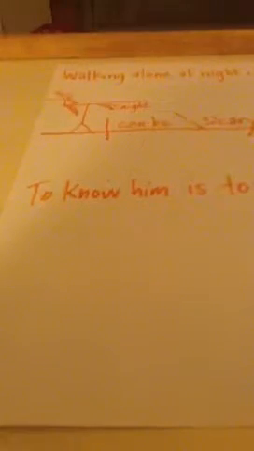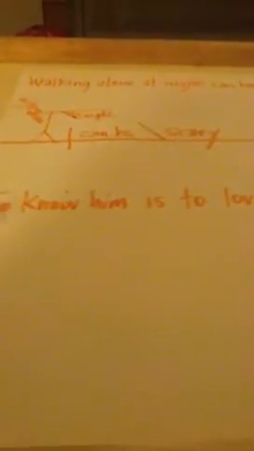So that's going to give you a slant line, because we're coming back and we're telling them what's scary. Walking alone at night can be scary. So that goes there. So that's how we diagram that sentence. Walking alone at night can be scary. And that's how that one goes.